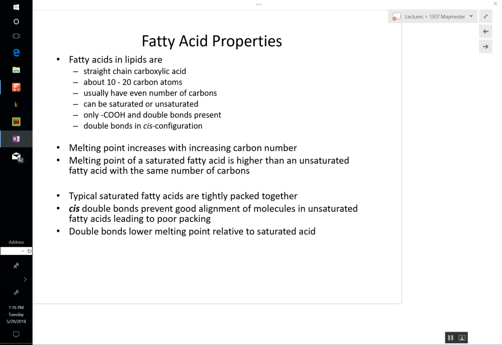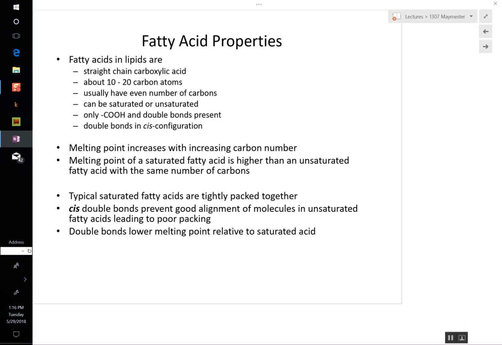Oleic acid has one double bond in it, and it is cis. So if this model wasn't so heavy, what you would see is this molecule is like an elbow right here. It's got a bend in it. It's kinked because it is a cis bond.